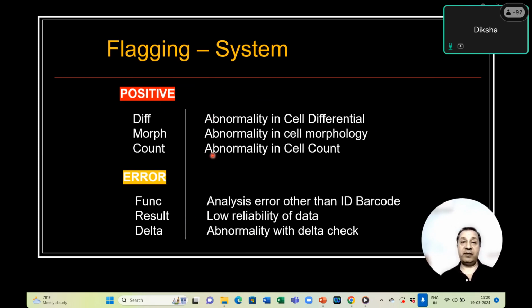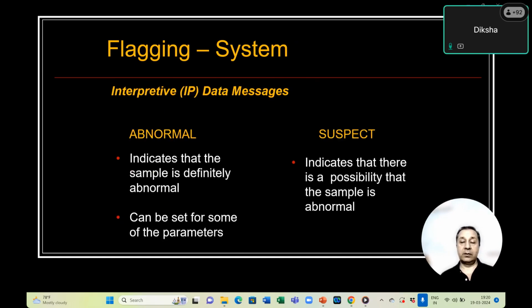That means the analyzer is able to detect the previous sample of the same patient based on the unique identifier of the patient, and you are actually able to identify that there is a change or a marked variability in the previous and the current counts, which is otherwise called a delta check. As I said, the flagging system has lots of interpretative or IP data messages, which are classified as frankly abnormal.